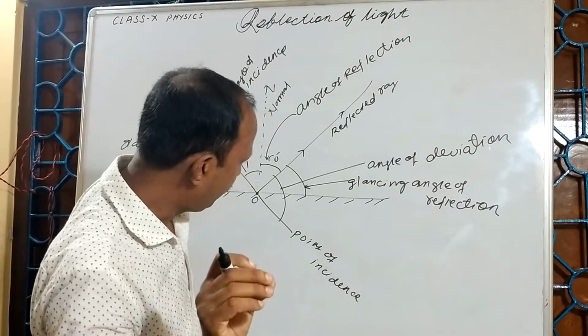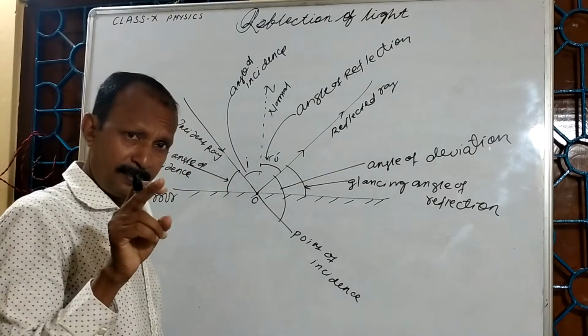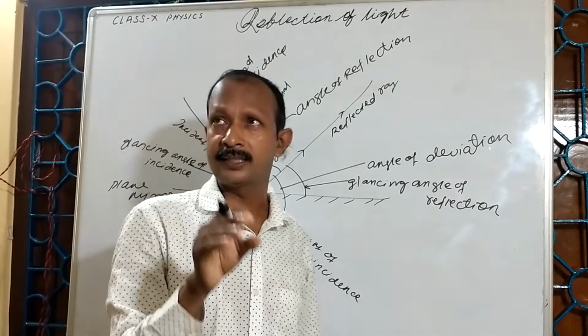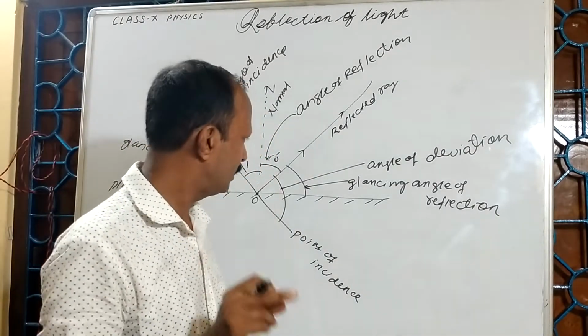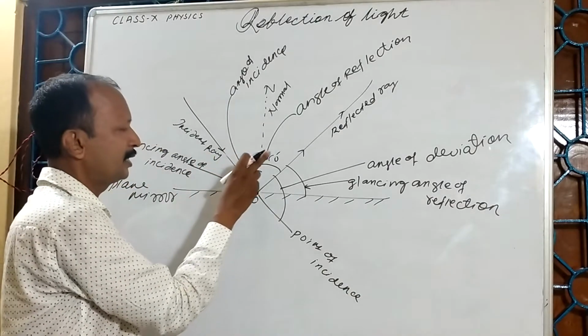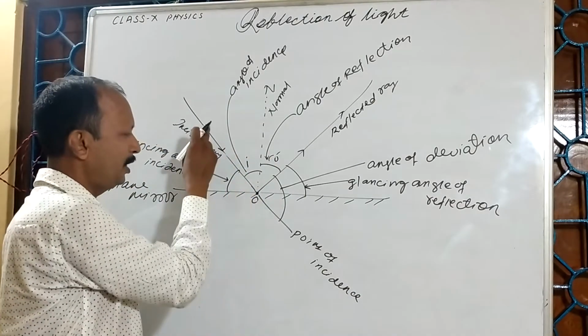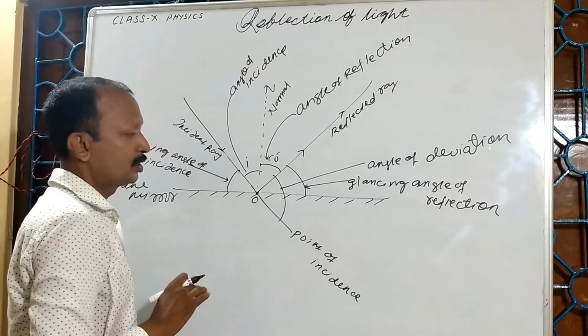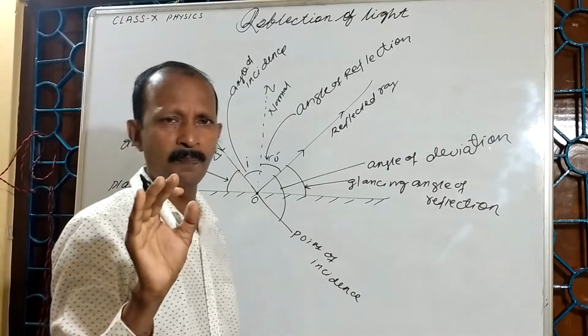That's why I made your concept clear, what you might have studied in the previous classes, but I felt it is necessary to say. That's why I explained the angle of incidence, the angle of reflection, incident ray, reflected ray, normal, plane surface or the smooth surface or the plane mirror.